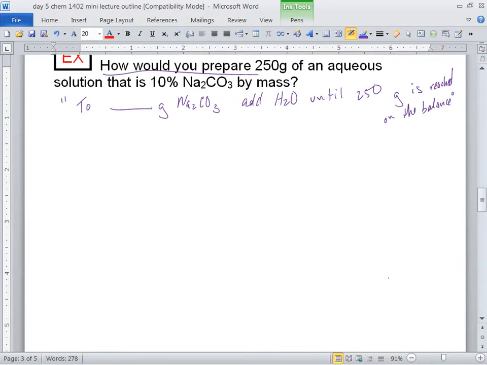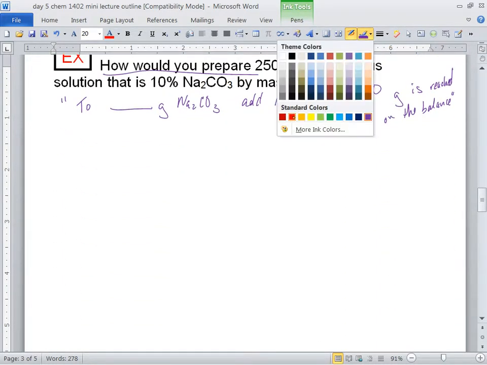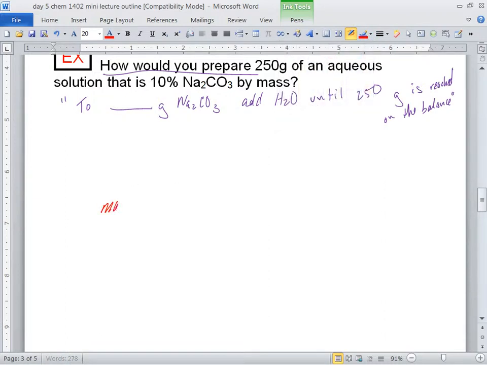And we already figured out the equation. So let's copy that equation down. We've got mass percent equals mass of the solute all over total mass times 100. So what numbers should we plug in here?